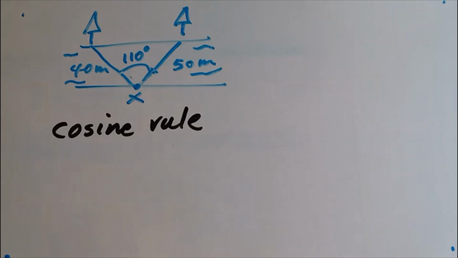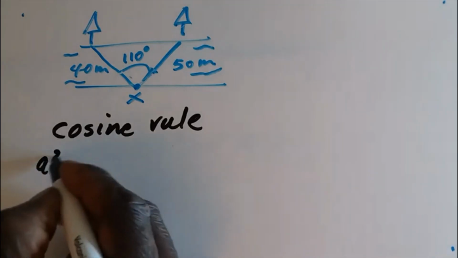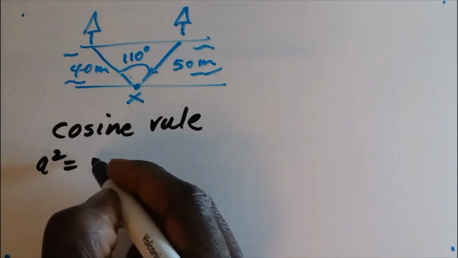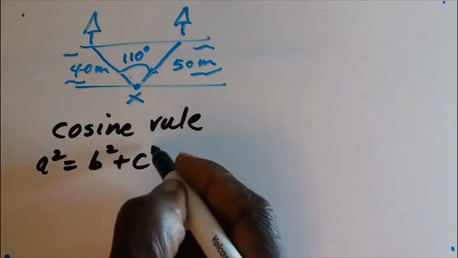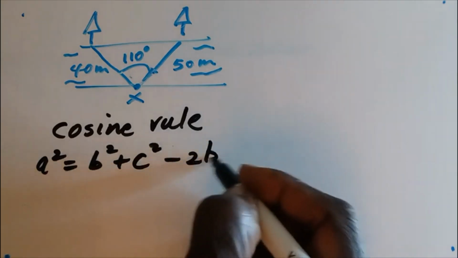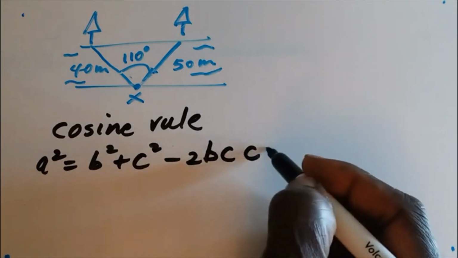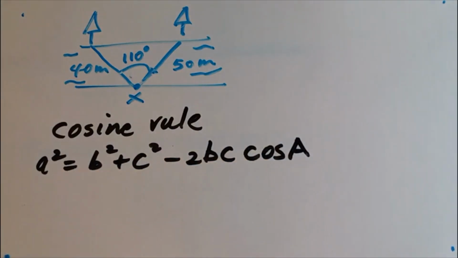So one version of it is a squared is equal to b squared plus c squared minus 2bc cosine a. There are two other versions, namely with the subject being b squared and the other one with the subject being c squared.